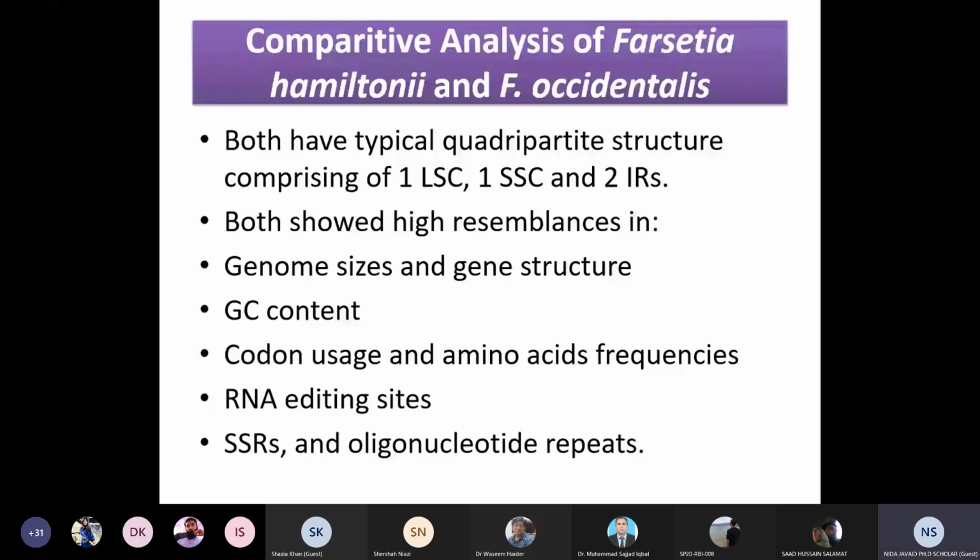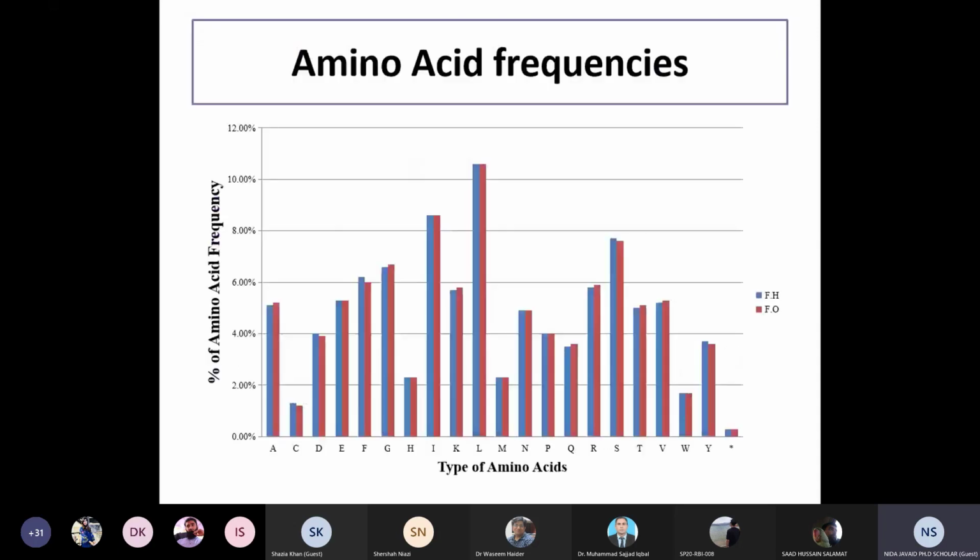Both showed high resemblance in genome sizes and gene structure, GC content, codon usage and amino acid frequencies, RNA editing sites, simple sequence repeats, and oligonucleotide repeats. Here I have shown the comparison of amino acid frequencies of Farsetia hamiltonii and Farsetia occidentalis. The highest amino acid frequency was found for leucine.